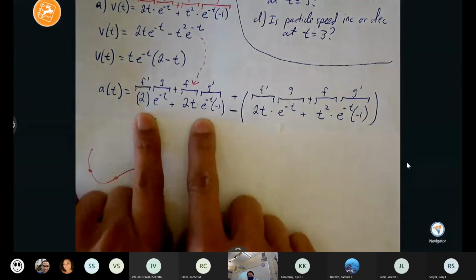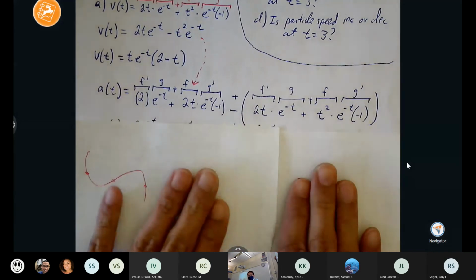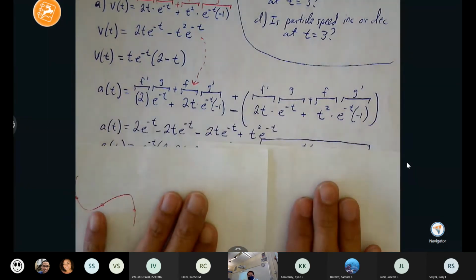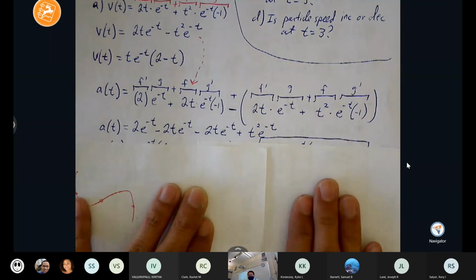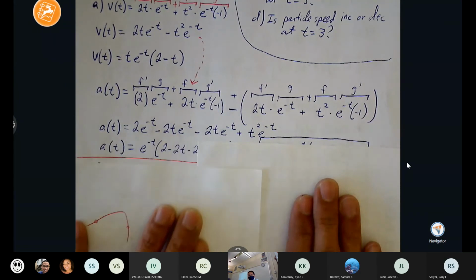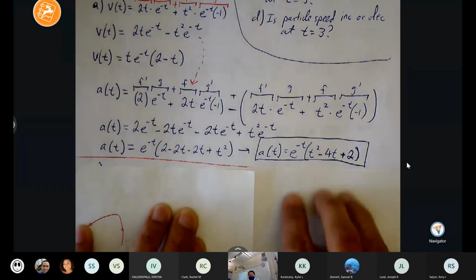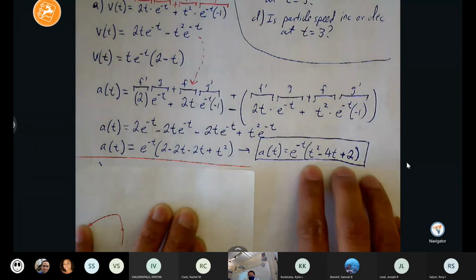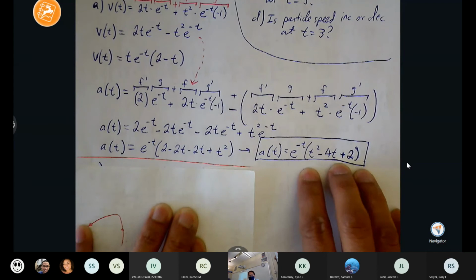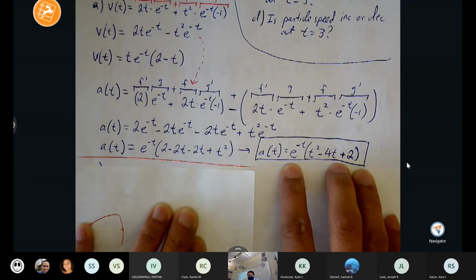Clean up. And I make my way all the way down to t squared minus 4t plus 2 with e to the negative t as my common factor.